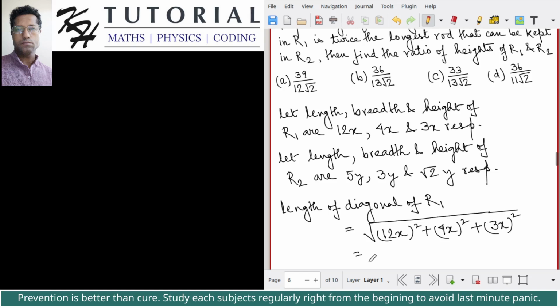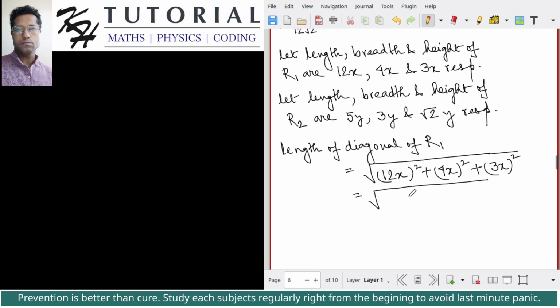So this is equal to the square root of the square of 12x, which is 144x², plus the square of 4x, which is 16x², plus the square of 3x, which is 9x². If I add up all the x² terms, this will be 169x².